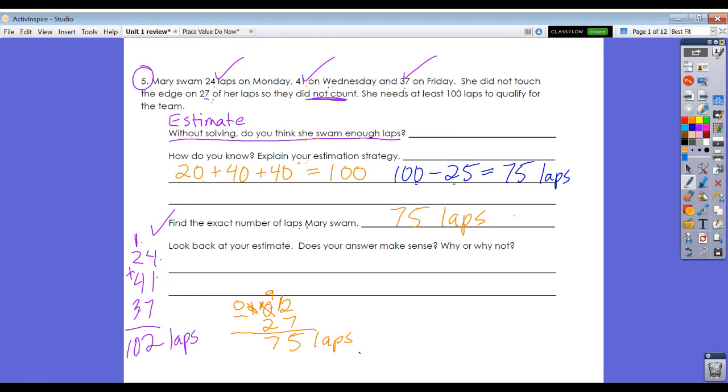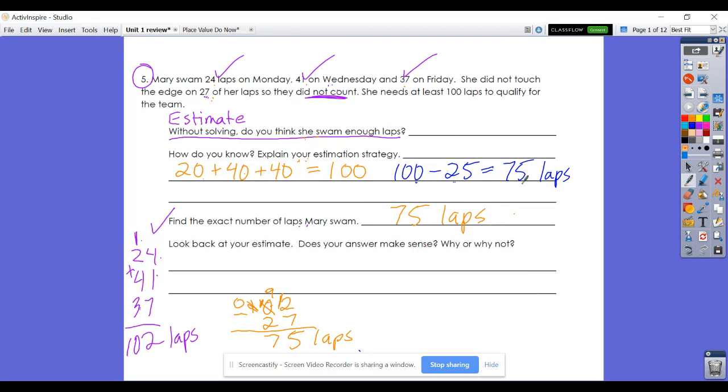So I'm going to show all my work for my estimation strategy. And then I'm going to say, do we think she swam enough laps? What was her goal? She wanted to swim 100. How many did we think she swam about? 75. So did she swim enough to meet her goal? No, she's short of 100. And maybe we could say something like, when it said, how do you know?